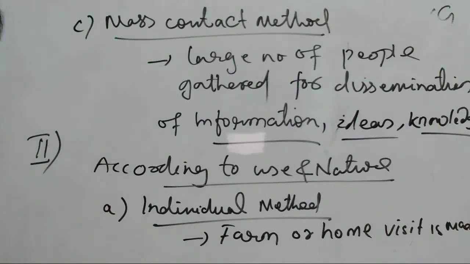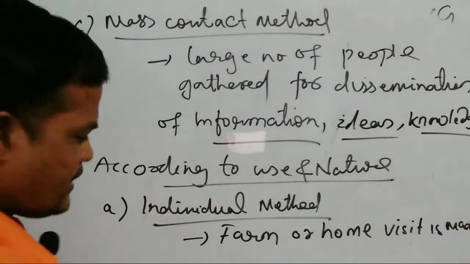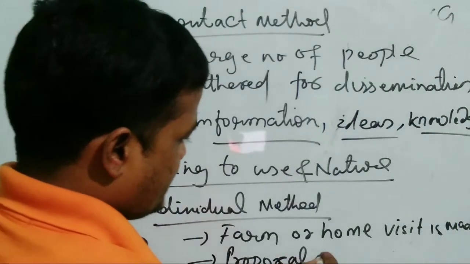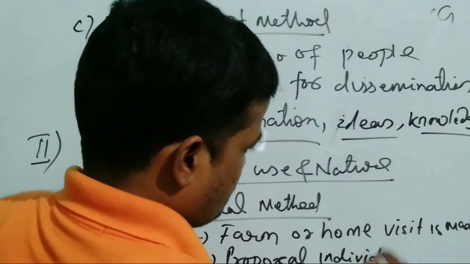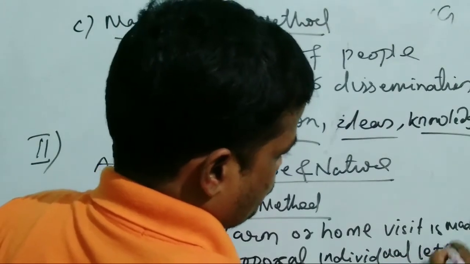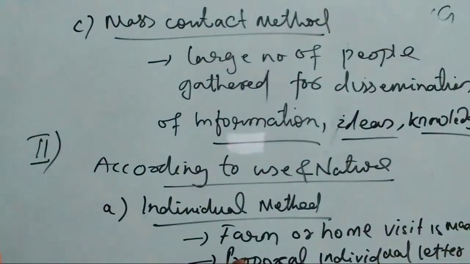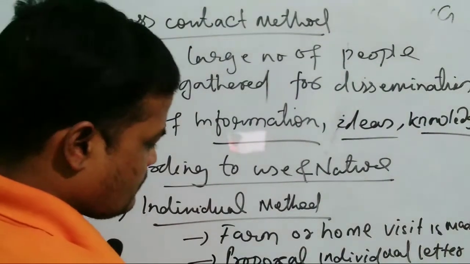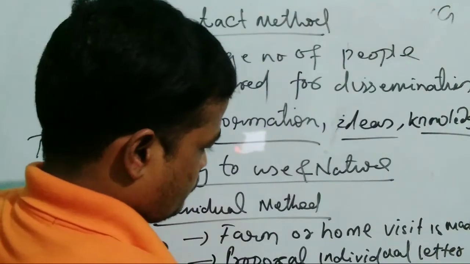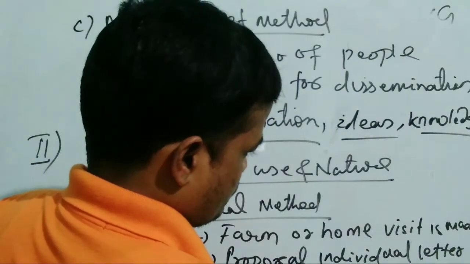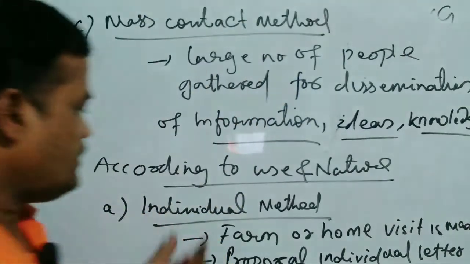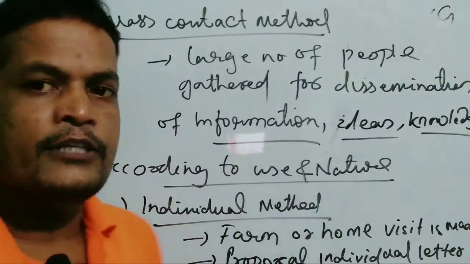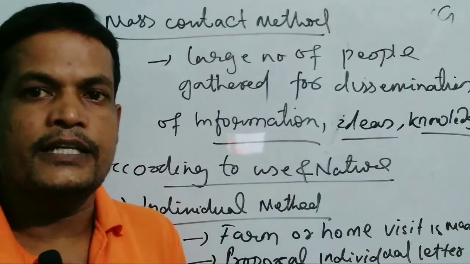Next, you can send individual letters to the worker or field worker, and make individual office calls. So this is called the individual method, in which an extension worker contacts a particular individual for the dissemination of knowledge and technology.